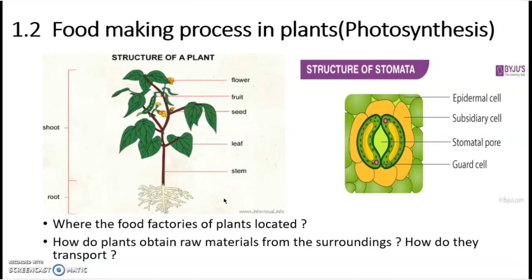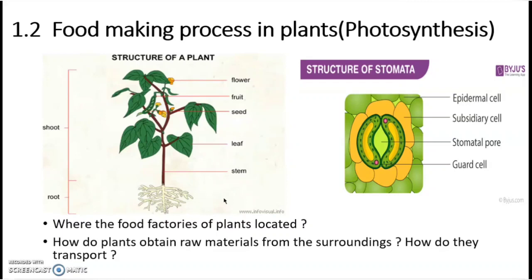Children, now you have many doubts, like where are the food factories of plants located? How do plants obtain raw materials? How do they transport? As a living being, we all require food.